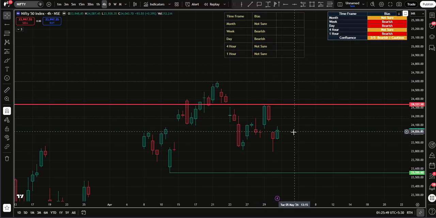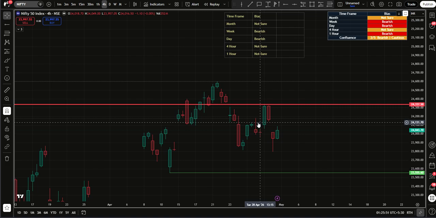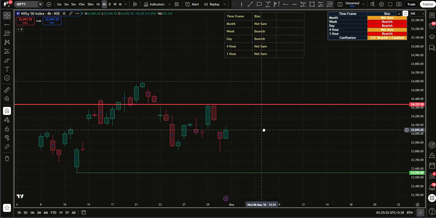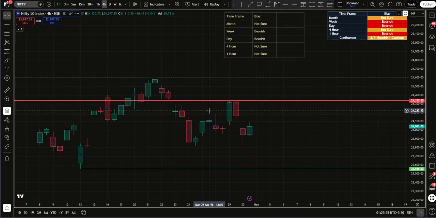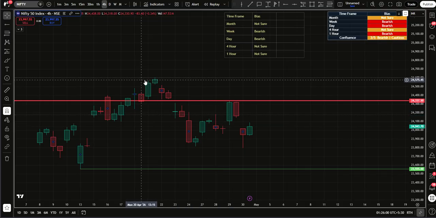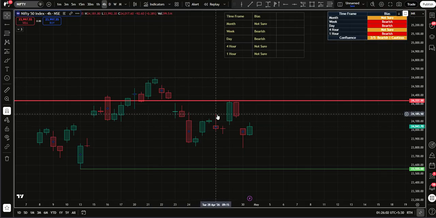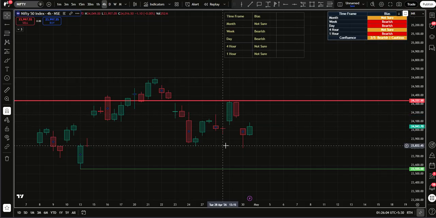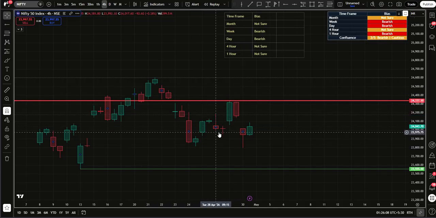And just to explain once again, why is it not sure? I hope it's visible. This is a swing high. Ideally, for bearish scenario, it has to be lower high. So this is swing high, and there is lower swing high. So if these candles did not exist, it's a bearish scenario.